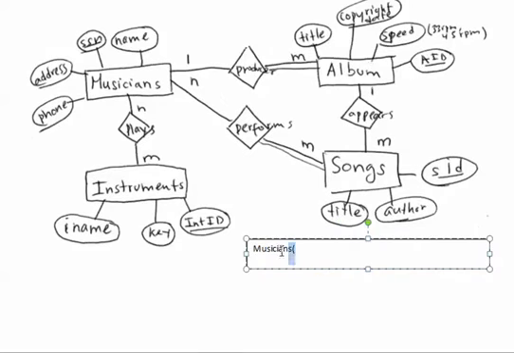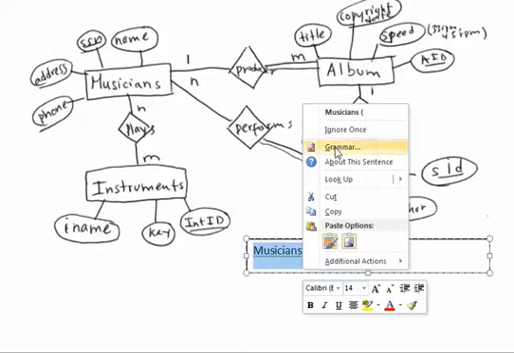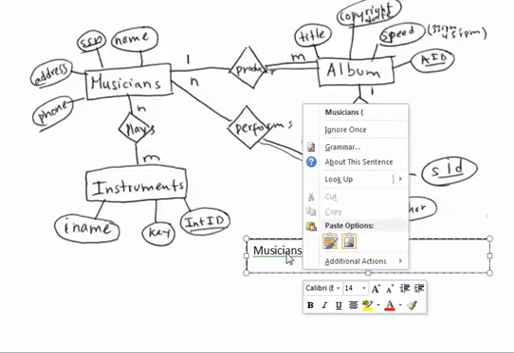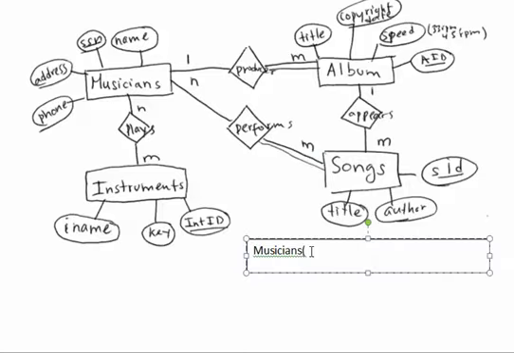We'll change the font for this. Then for the paragraph. Okay, musicians is a social security number, has a name, an address, and a phone.